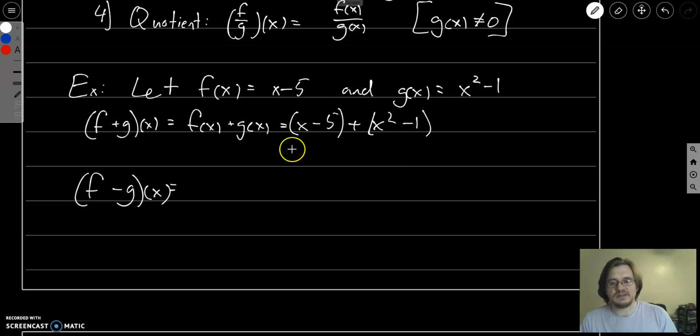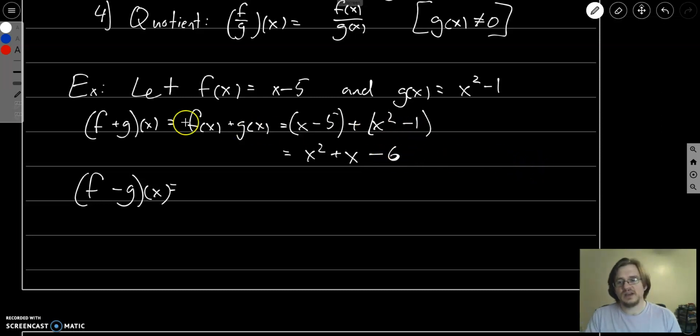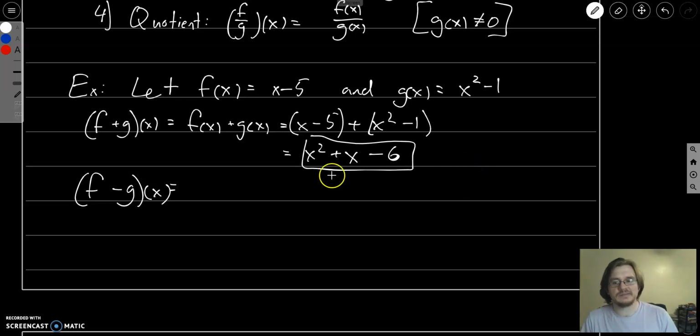And if we simplify this, we've got a positive x squared, we've got a positive x, minus 5, and a minus 1 will give us minus 6. So this is a new function, x squared plus x minus 6. We can do the same thing with subtraction. We can take f of x and we can subtract g of x from it.